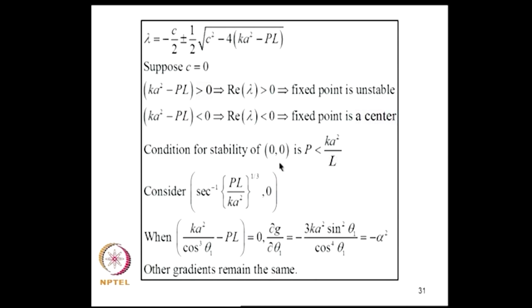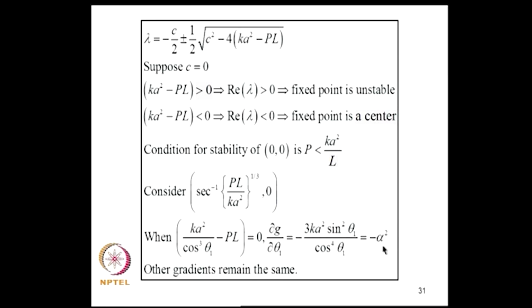Now, let us consider the other fixed points, which are given by this. When deriving this, we use this condition to find the roots, Ka square by cos cube theta 1 minus PL equal to 0, and consequently dou g by dou theta 1 will be given by this quantity. You have to see here that all these quantities are real. There is cos to the power of 4 sin to the power of 2 a square, etc. K is positive.